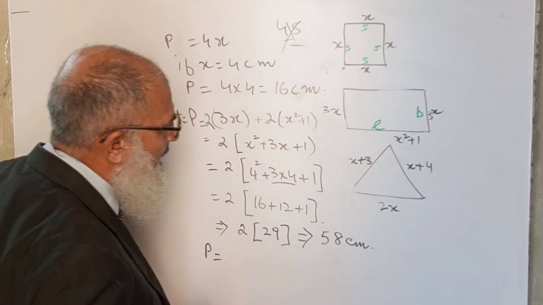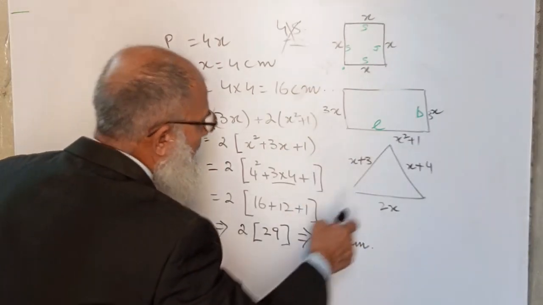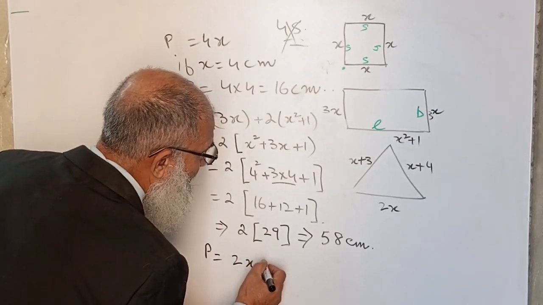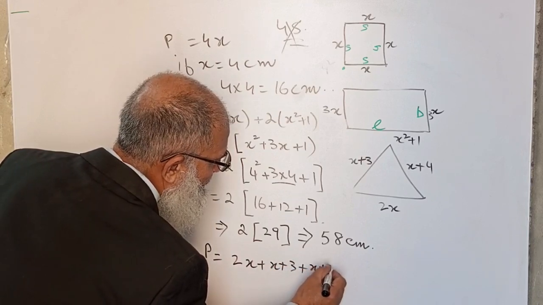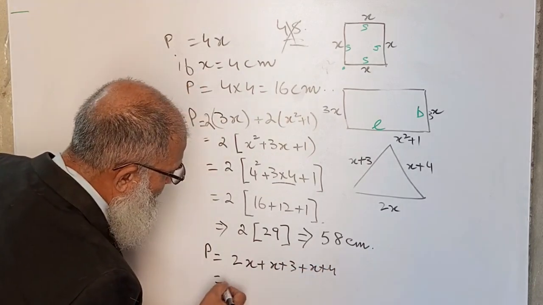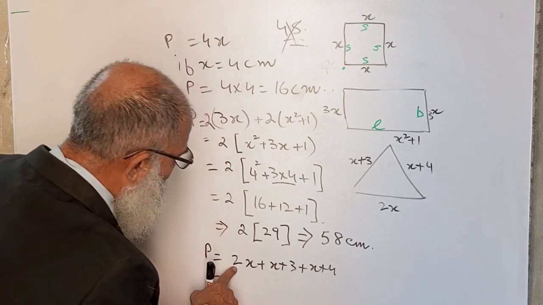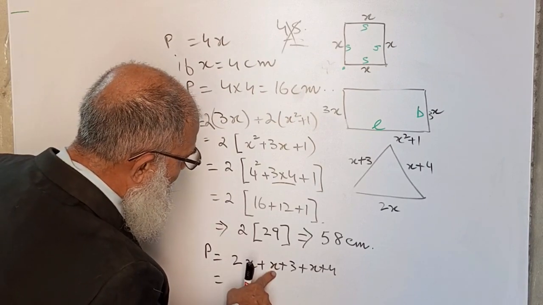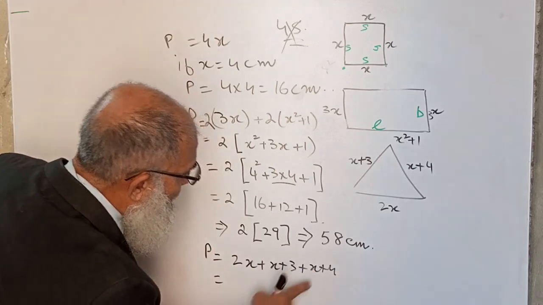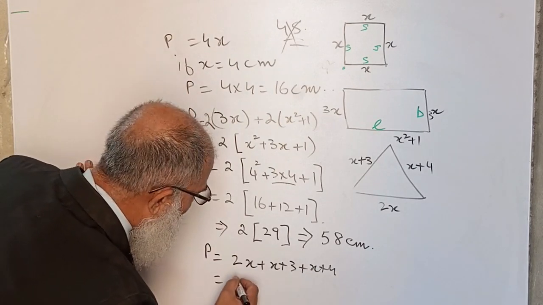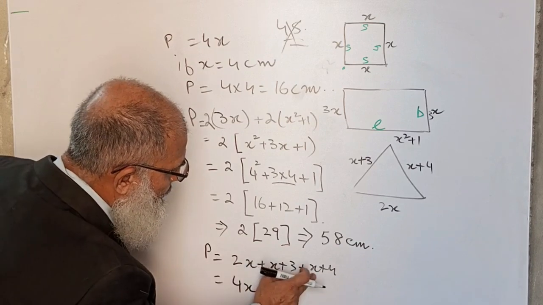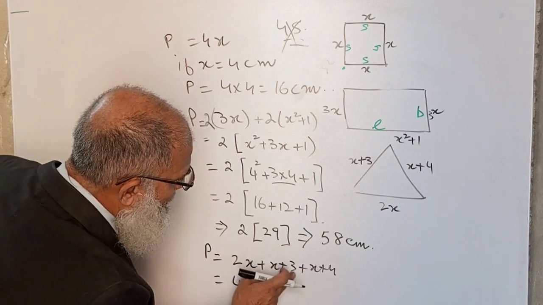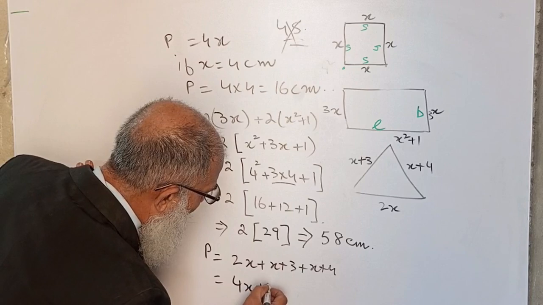And now finally, the perimeter for this triangle was p equals 2x plus x plus 3 plus x plus 4. So there is 2x plus x, 3x, and 3x plus x, 4x, and 3 plus 4, plus 7.